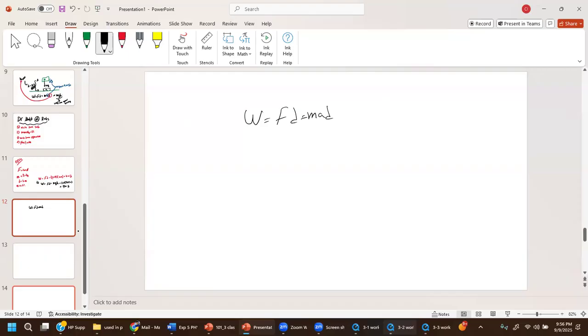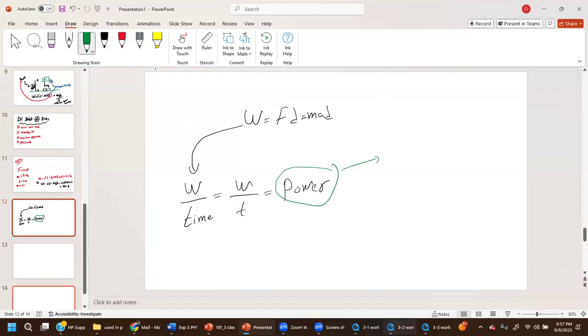Now, we take this work and we apply it to some kind of time, which is your W over your T. And that's what we talk about as the power. So the power definition is the rate of doing work.